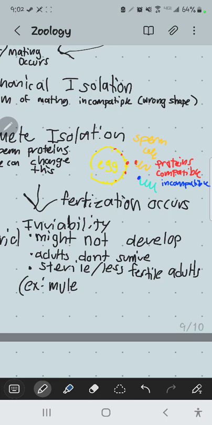Now, there's usually some horse person in class that'll say there has been examples of specifically a female mule that back crosses with a donkey. There have been examples of female mules that have produced offspring that have matured and basically been a mule. But it's like 1 in 10,000. It's extremely rare.